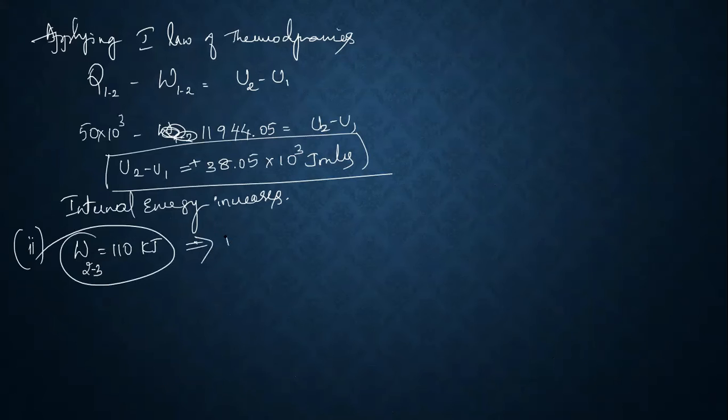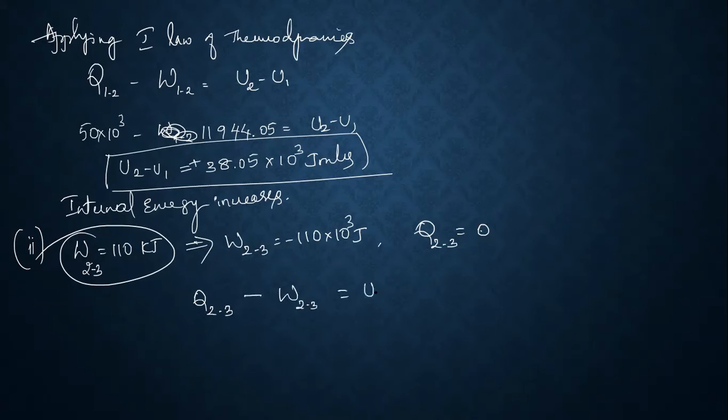Therefore, the sign convention is W2 to 3 is minus 110 kilojoules. And also it is an adiabatic process, therefore Q2 to 3 is 0. Applying the first law of thermodynamics to the 2 to 3 adiabatic process, Q2 to 3 minus W2 to 3 is U3 minus U2.